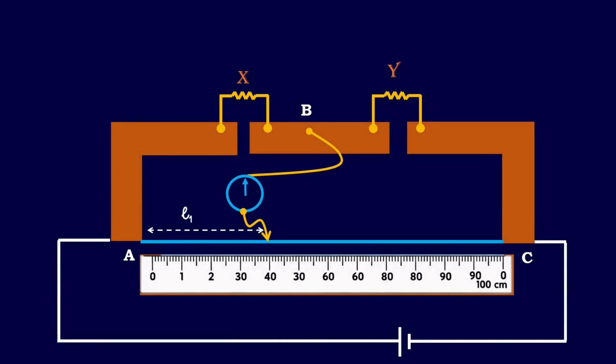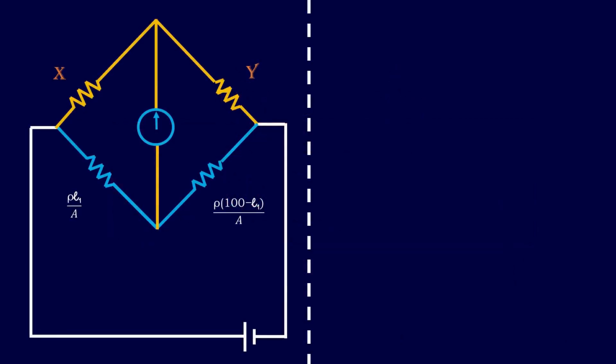Now let us move to the next part of the question. It asks, if the resistors X and Y are interchanged, what will be the new balance point? Let us assume that the new balance point is at a distance L2 from point A. Using the same reasoning as before, we can write the Wheatstone bridge balance condition.